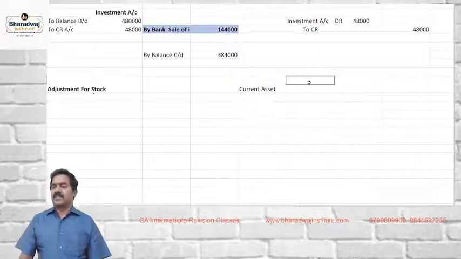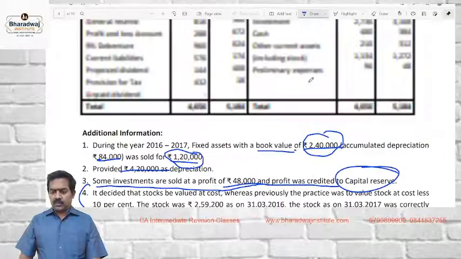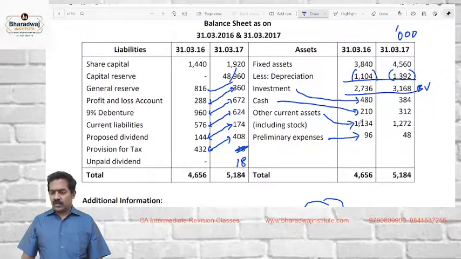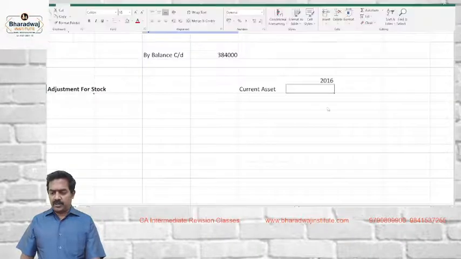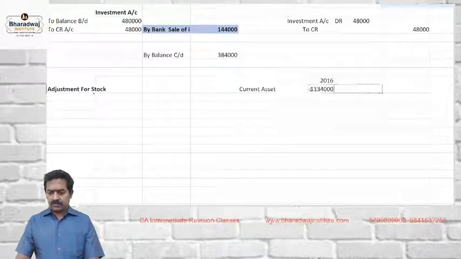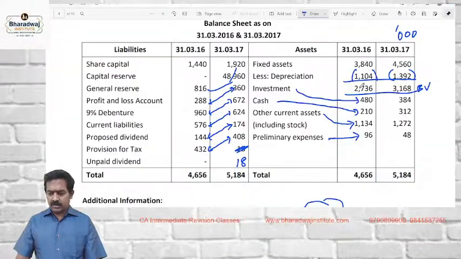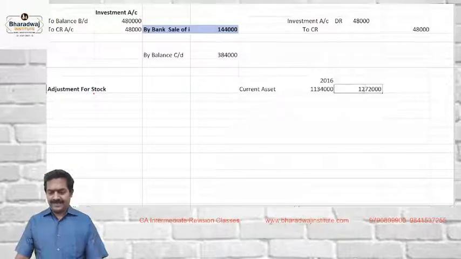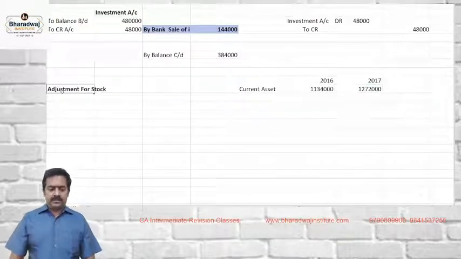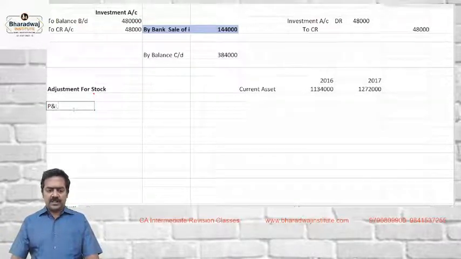What is the opening current asset balance? 1134, 1272. Okay. What is the profit and loss account at the end, or reserves and surplus at the end?